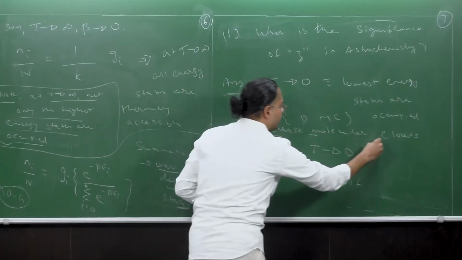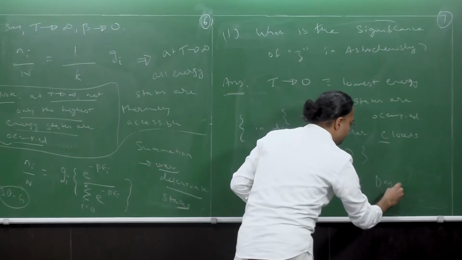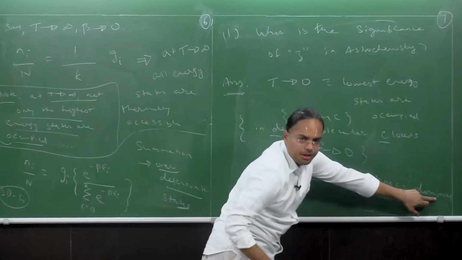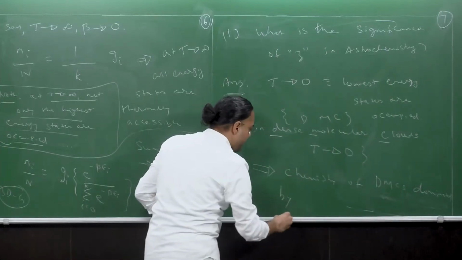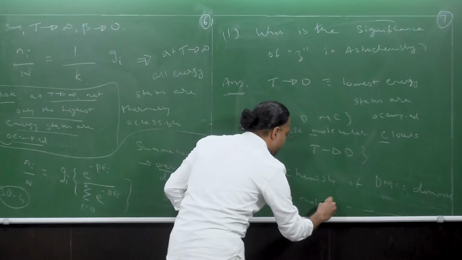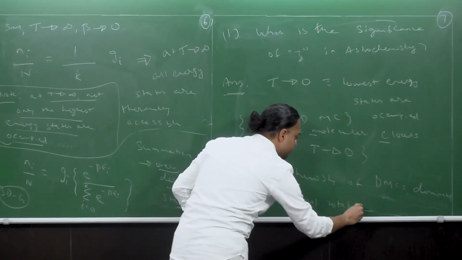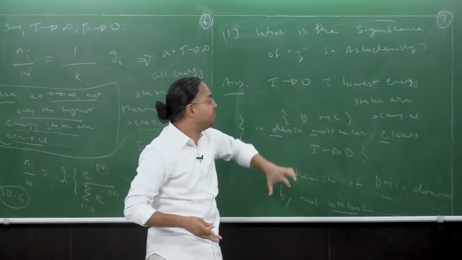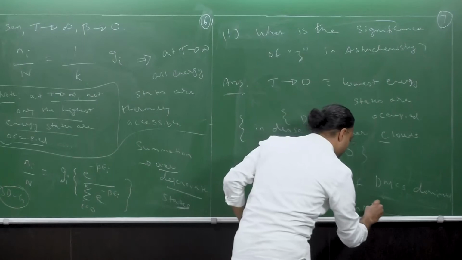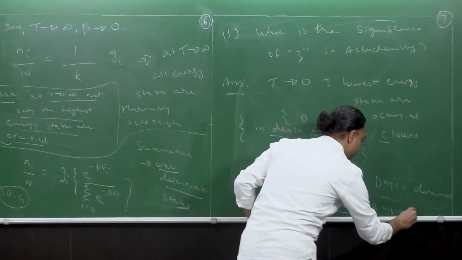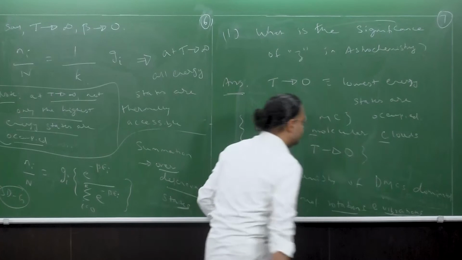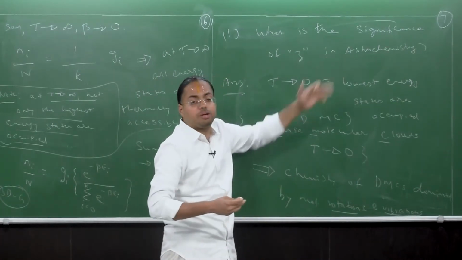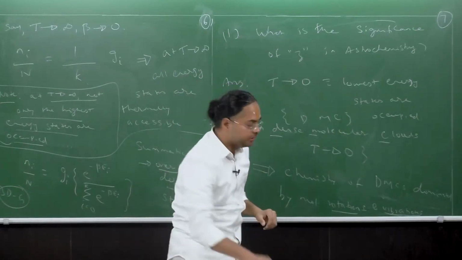The chemistry of the DMCs is dominated by molecular rotations and some vibrations. In other words, electronic states are not going to be that relevant in this case. Rotations and vibrations at very low temperature. Okay, right? So this is one immediate astrochemical significance of the concept of partition function.